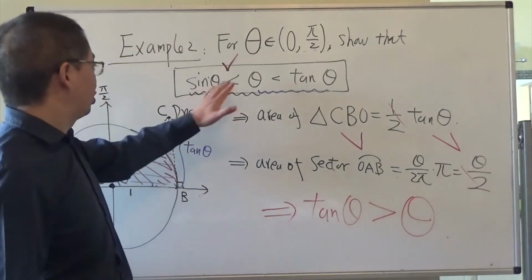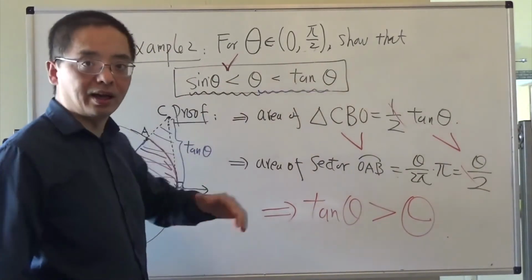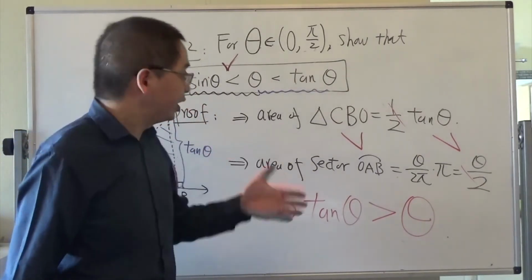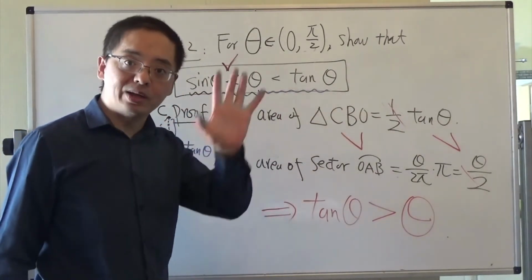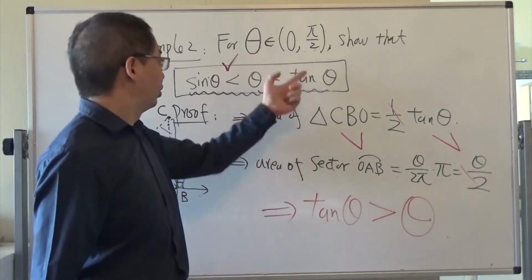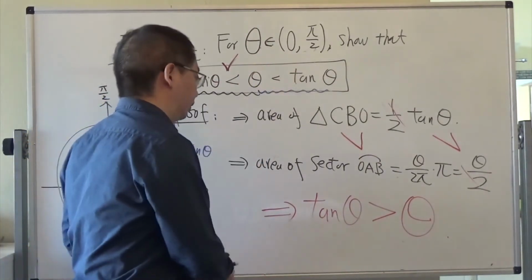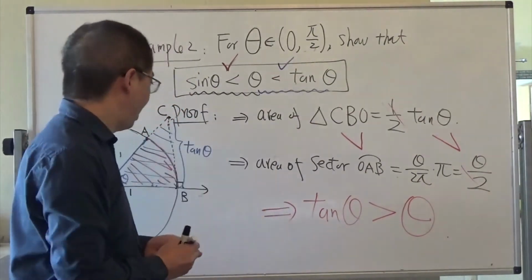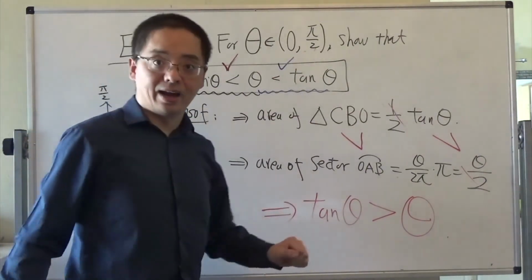The first half relied on comparison of line segments and arc length, and the derivation of this one uses the comparison of two areas.